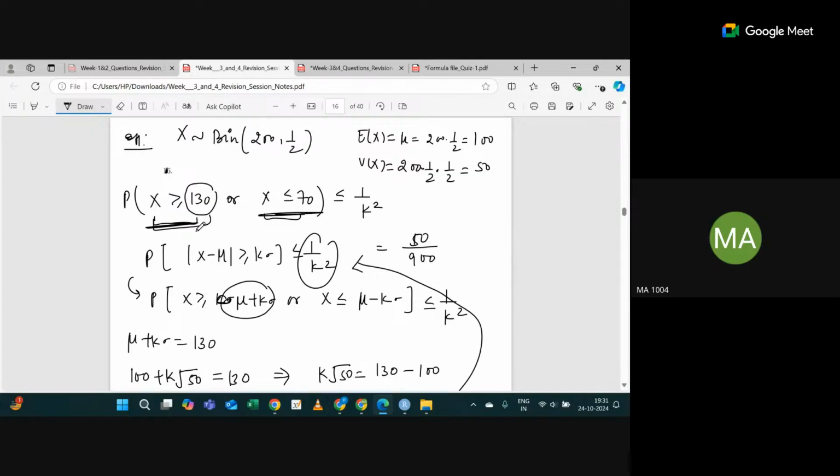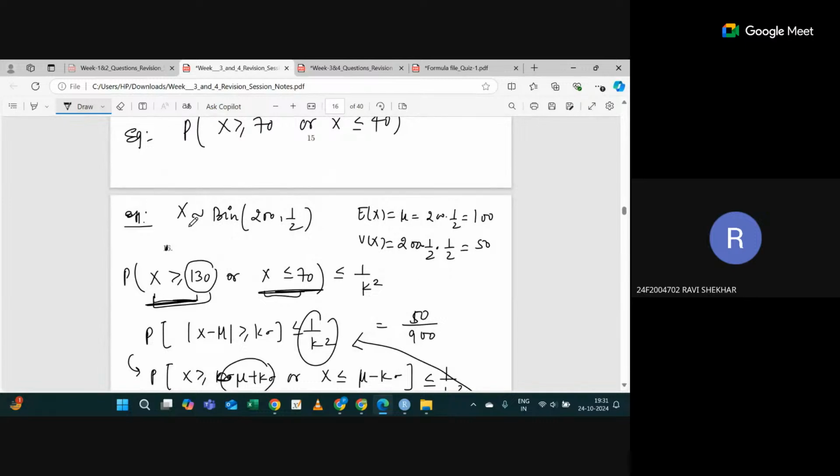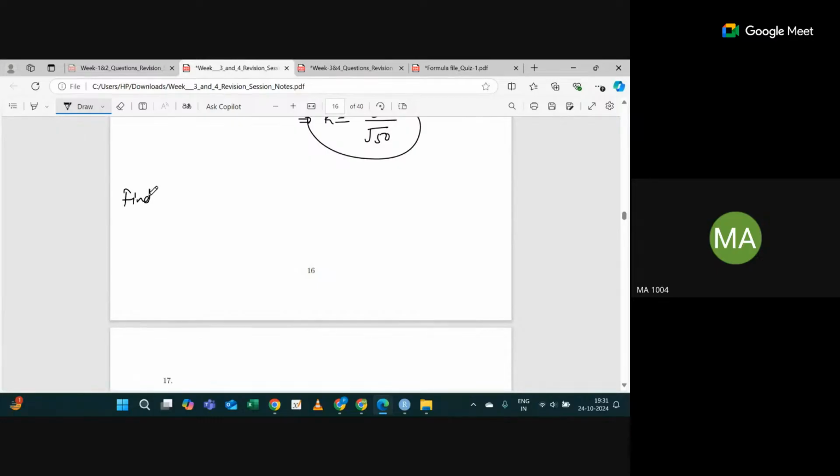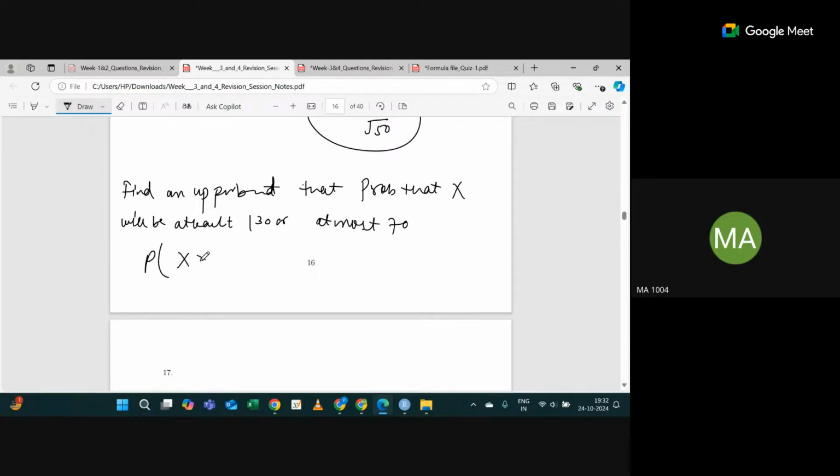Or else I can ask: find an upper bound by using the Chebyshev inequality that the probability that your random variable x will be at least 130 or at most 70. Got it? Then it will be 1 by k square. Clear?